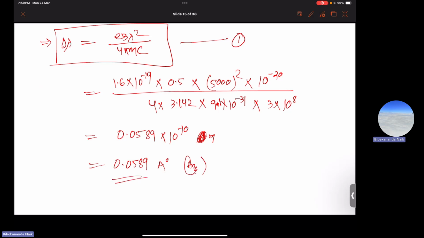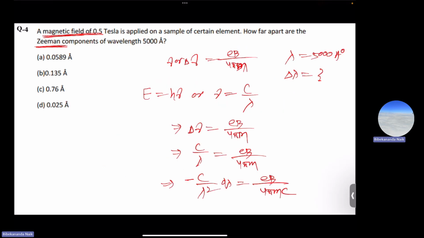So the correct answer is 0.0589 Angstrom, which is option A. So delta nu equals minus c by lambda square delta lambda.